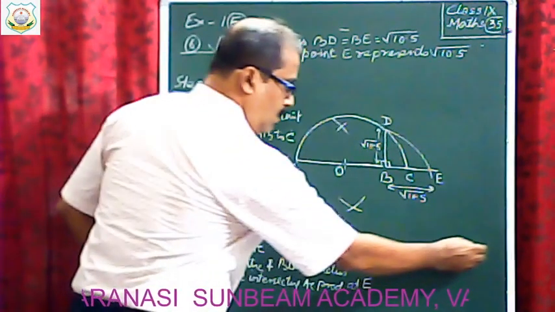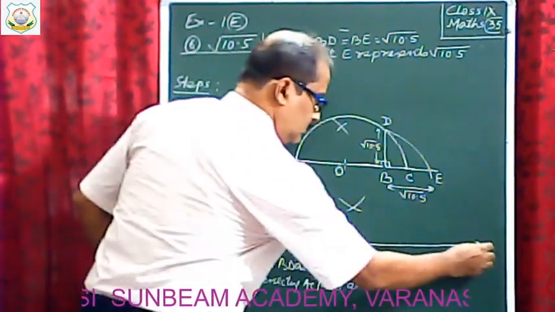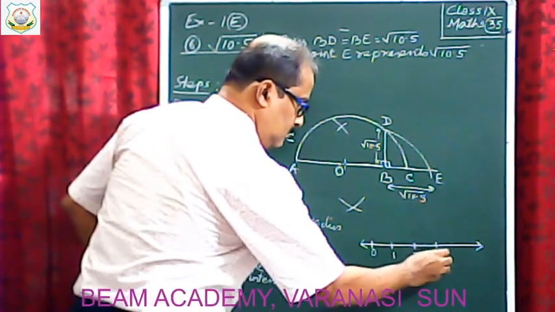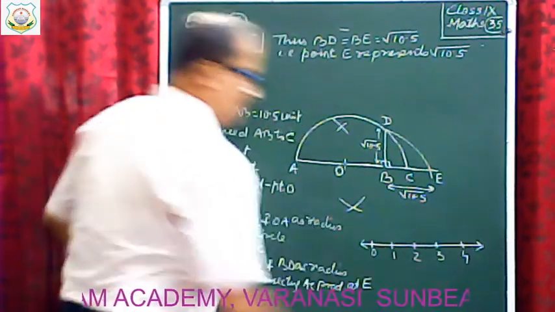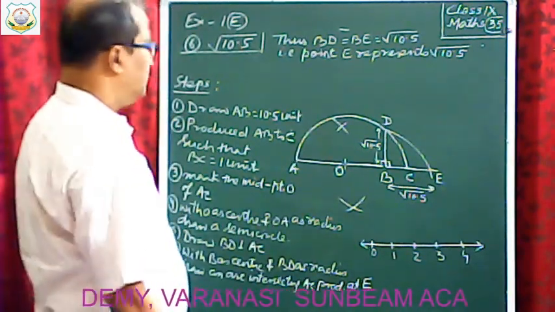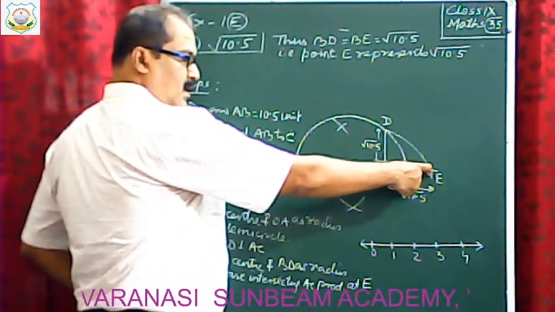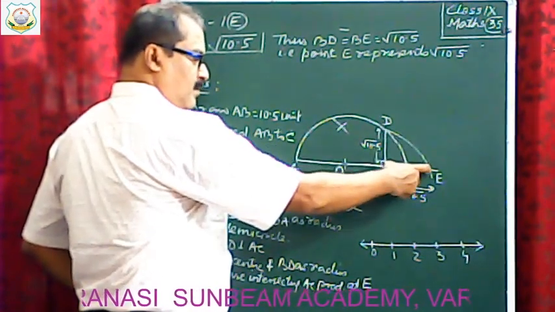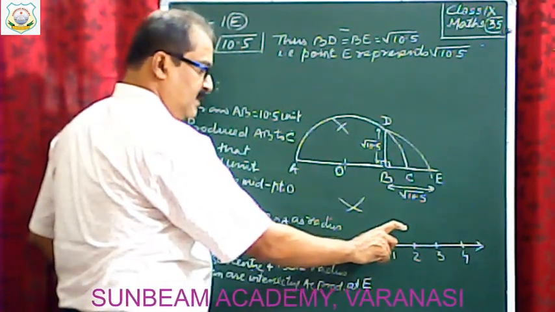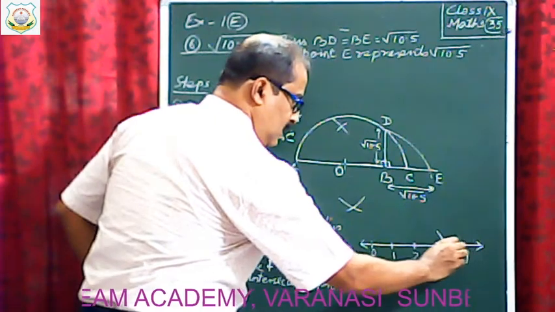Afterward, with 0 as center and BE as radius using compasses, taking BE or BD, both remain the same, you have to draw an arc intersecting the number line at a point, and name it E again.